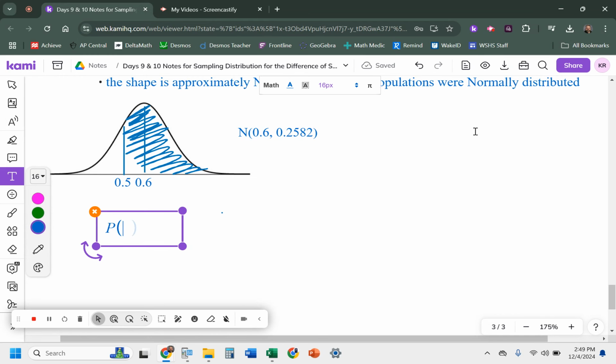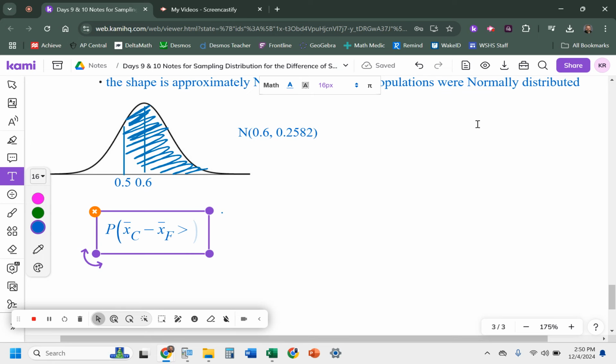So we're looking at the probability that x bar sub c, that is the average height of the California waves, the 6 that were randomly selected from California, are 0.5 feet more than the ones that they observed, randomly selected in Florida.